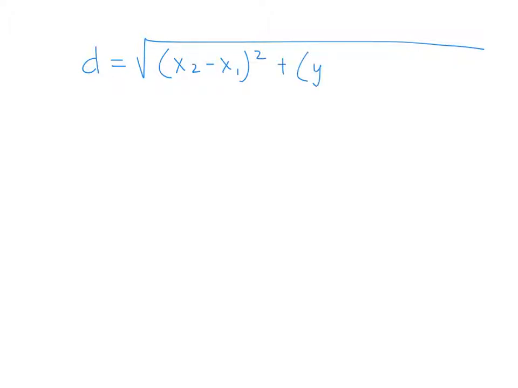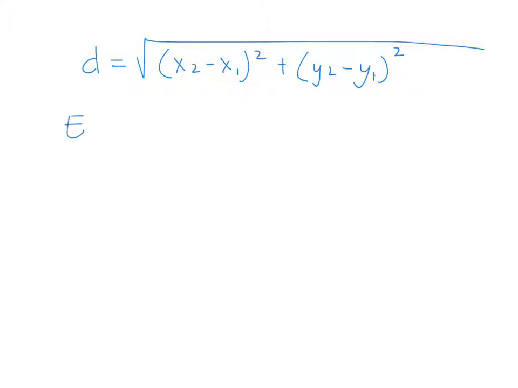Okay, so let's just write the formula out so it's right here. I would write the formula out at the top of your homework. That'll just make life a whole lot easier for you. Okay, so there's our formula.